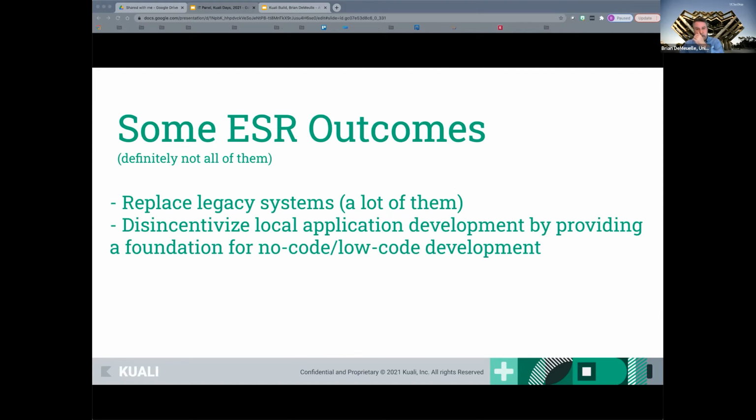I'm sure many of you know from being in higher ed for any length of time, in a lot of the distributed development there is duplication, triplication, quadruplication of essentially the same types of processes throughout the organization. So this was one of the outcomes, or a couple of the outcomes, definitely not all of them.